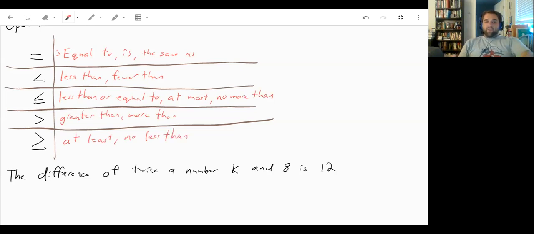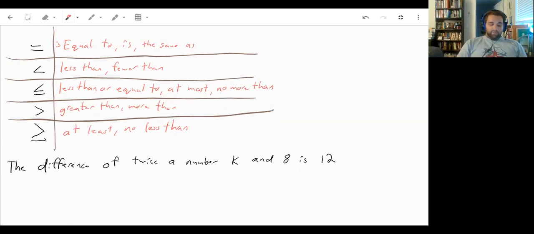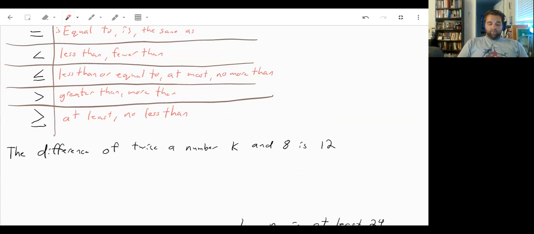So now let's break through a few sentences piece by piece and see what they come up with. So the difference, again, when you hear difference, you want to look for the word and, because the word and is where the subtraction sign goes. In this case, our and is right here. So right here will be the subtraction part.